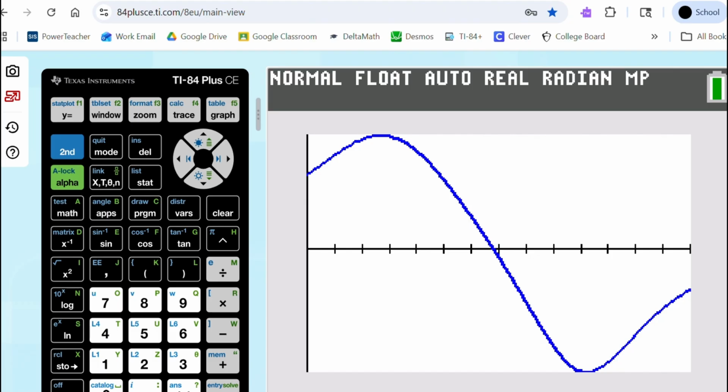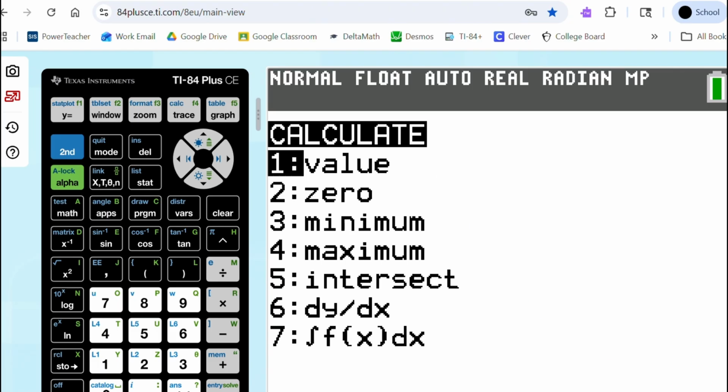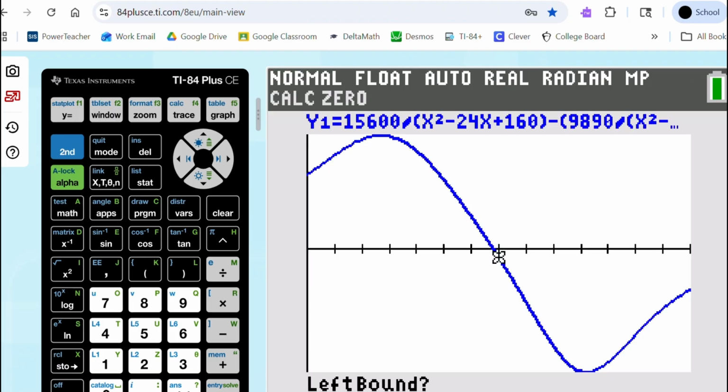And so our maximum must be at that x-intercept, so we'll hit second trace. Option number 2, zero, and we will calculate that value. We'll go to the left and hit enter. We'll go to the right of the intercept and hit enter. We'll hit enter once more and see that we get 15.795.